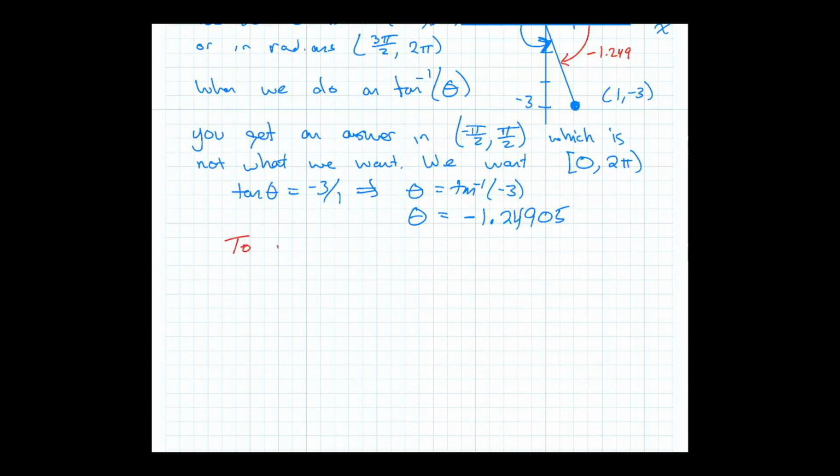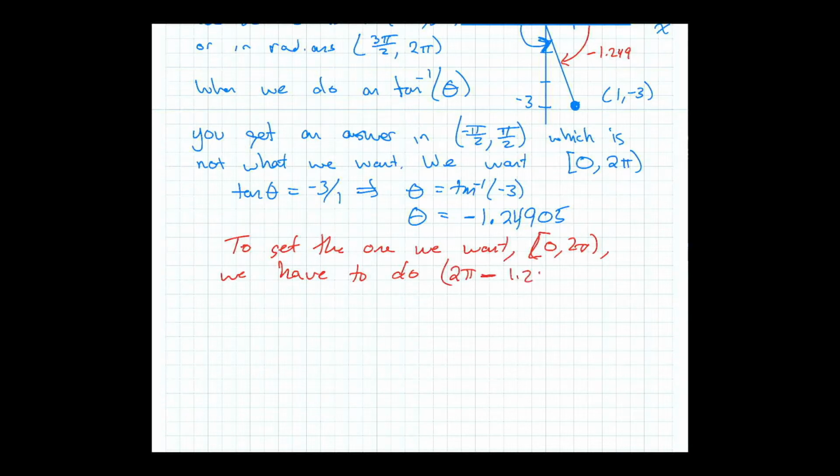So to get the one we want, in between 0 and 2 pi, we have to do 2 pi minus 1.24905. Okay, so you grab a calculator and I do that. I have 2 times pi minus 1.249045772.